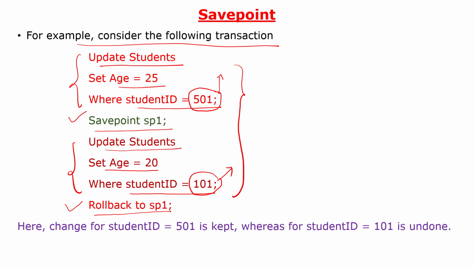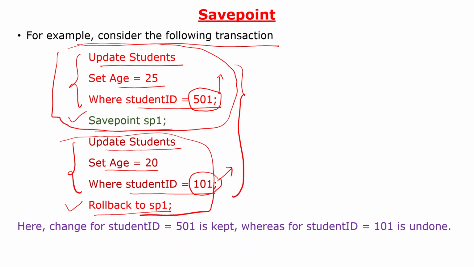What is the specific part of the transaction? Only up to this point it is updated, but the remaining part is not updated. Simply, it is undone because of the rollback. So this is the purpose of the savepoint.